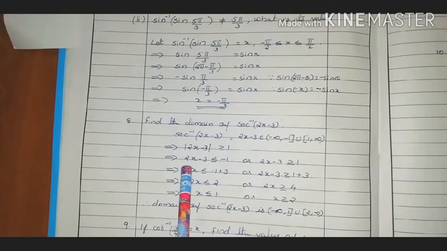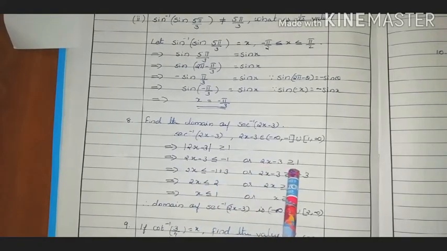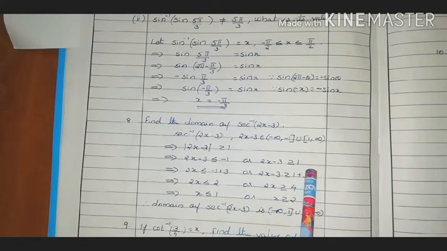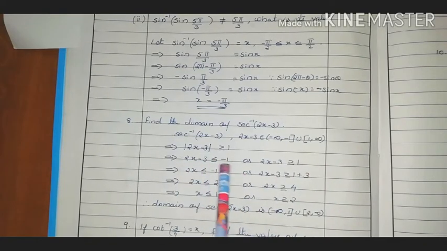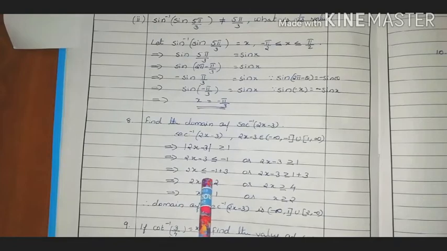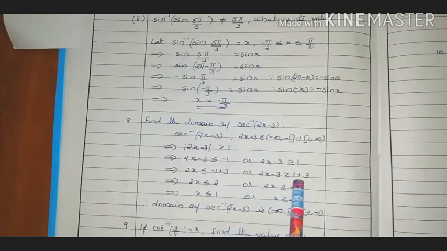Then 2x minus 3 less than or equal to minus 1 or 2x minus 3 greater than or equal to 1. Then transpose; you know how to solve an equation. So 2x less than or equal to minus 1 plus 3, and 2x greater than or equal to 1 plus 3.